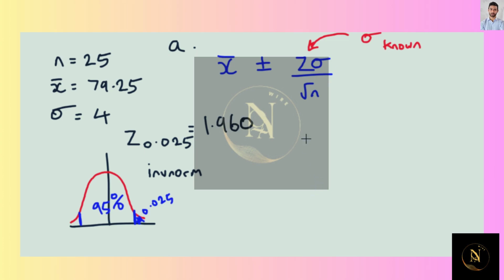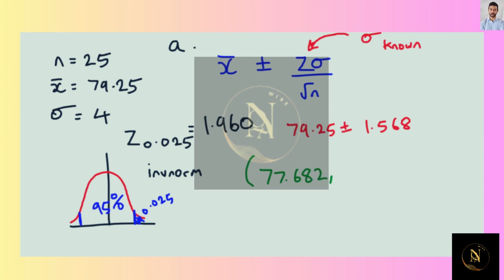Now we get to use this formula. X bar plus or minus the error: 1.96 multiplied by 4 over root 25 is 1.568. If I subtract that from the point estimate, I get the lower bound of my interval, 77.682.